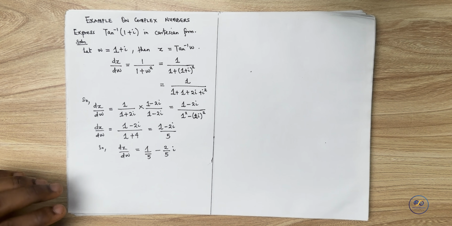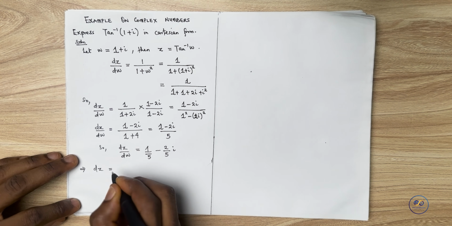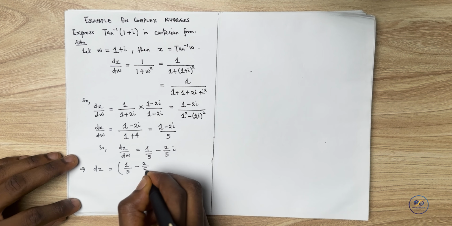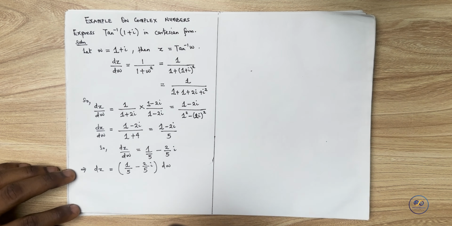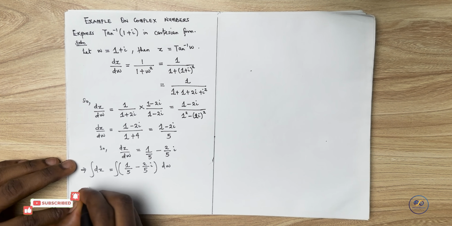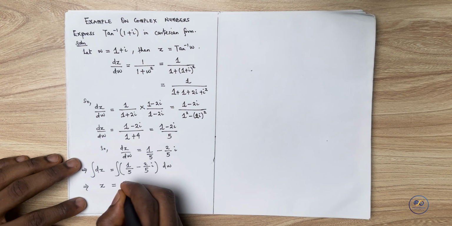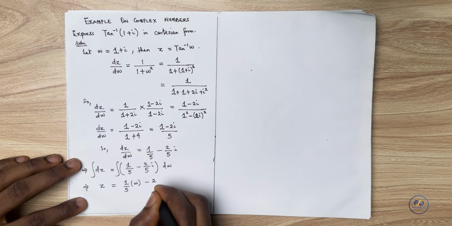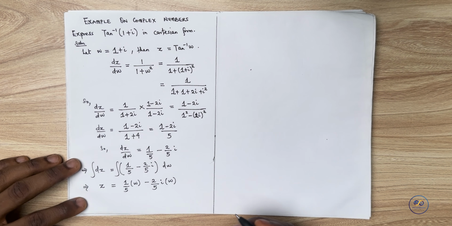Now, this is very interesting because we can write this as dz equals (1 over 5 minus 2 over 5 I) dw. And from here, we can evaluate the integral on both sides. So that if we evaluate the integral, we will then have that Z will be equal to 1 over 5 W minus 2 over 5 I W. This is how we evaluate this.